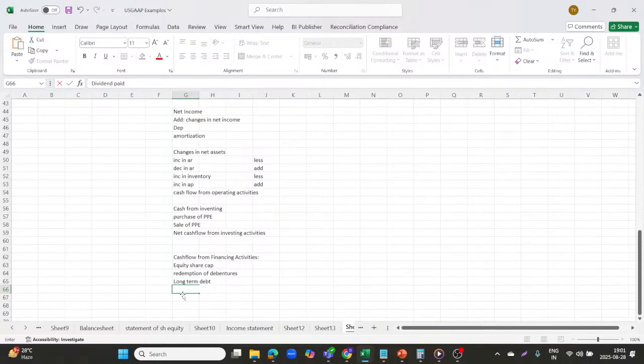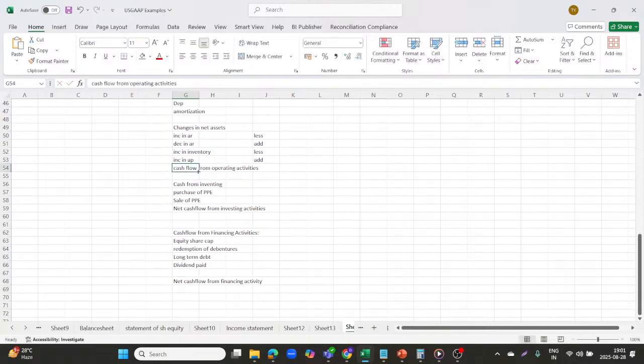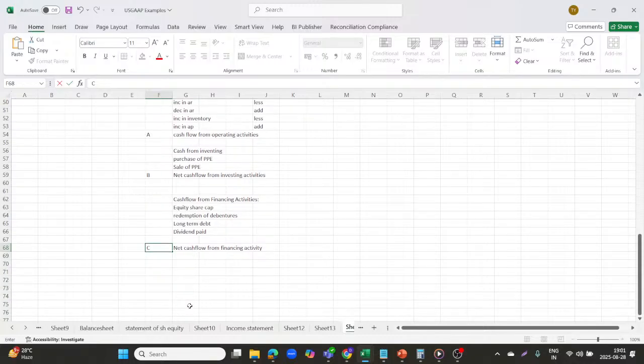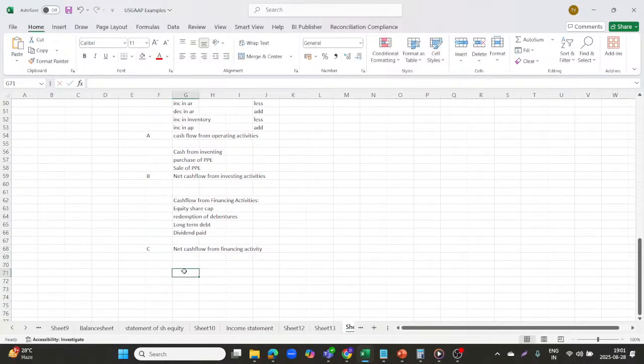So in short, you will here see net cash flow from financing activity. Okay, so the sum of all the three activities, that is, A, cash flow from operating, cash flow from investing, and the cash flow from financing. The sum of these three activities will show you net cash flow from all the three activities.